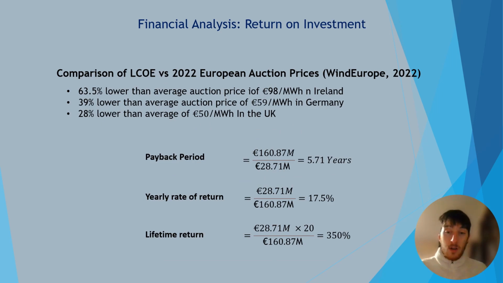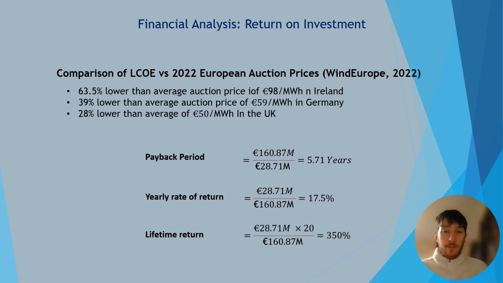I've compared the levelized cost of energy that I showed in the last slides to European auction prices from last year, and it appears to be at least in the same range as these published prices. I think because of that, it should serve as a sufficient initial estimate.